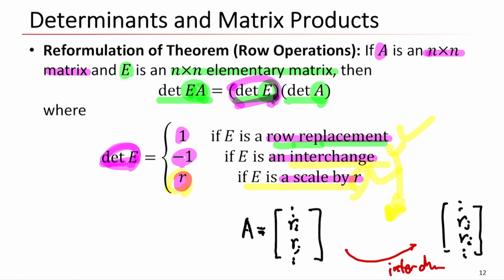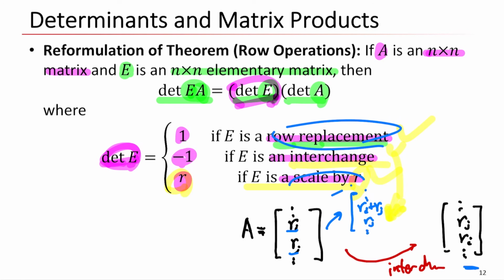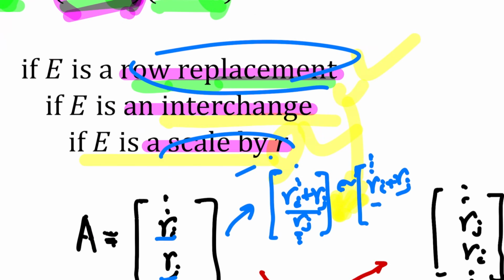Then let's derive this one by using row replacement and scaling. So how can we do that? If we add this row and this row, which will be Ri plus Rj and Rj, right? Then if we subtract this one and this one, then Ri plus Rj minus Ri, right?